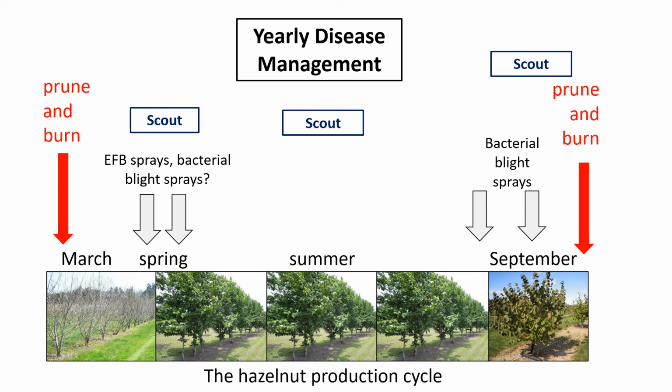So as we get more understanding of both Eastern Filbert blight and bacterial blight biology in Ontario, there may be an adjustment in the timing, but you may want to be considering a bacterial blight spray in the spring if you have lots of cankers, you're seeing ooze, and there's a lot of rain, because that's where there's a lot of potential for spread.